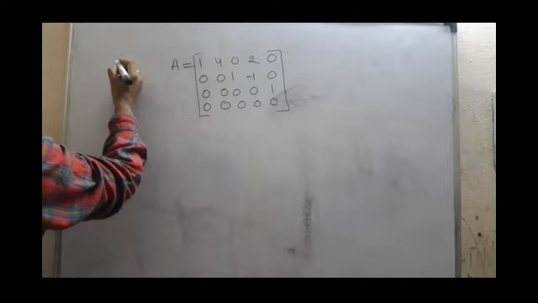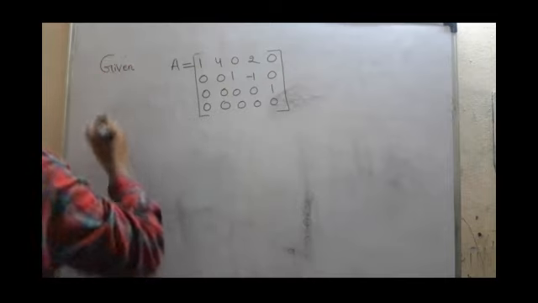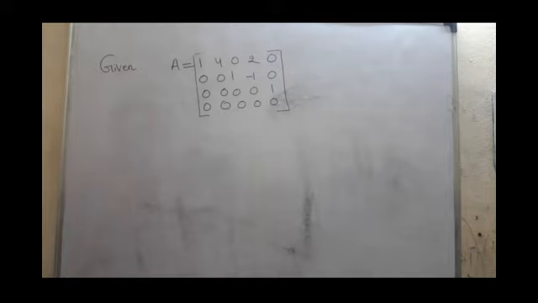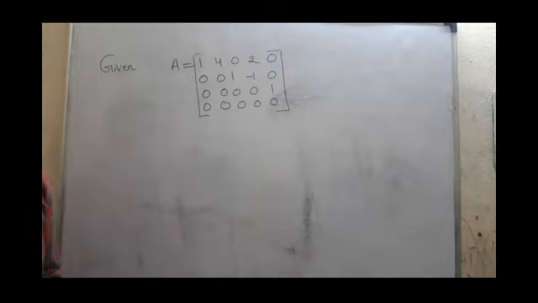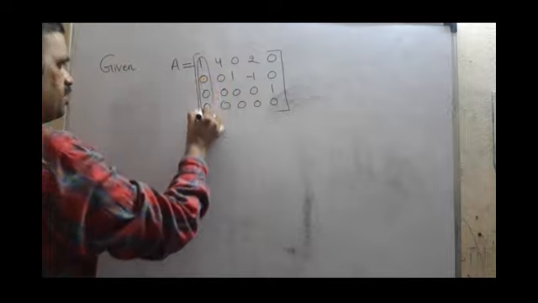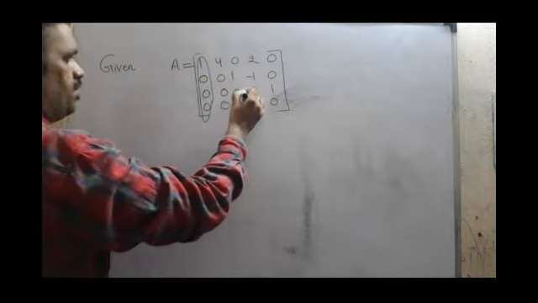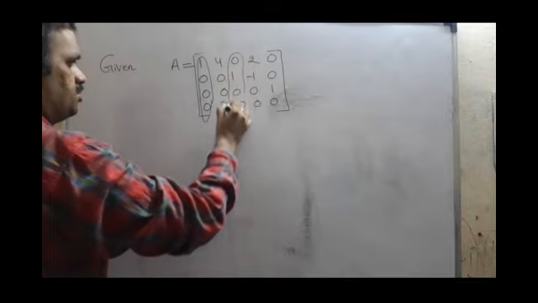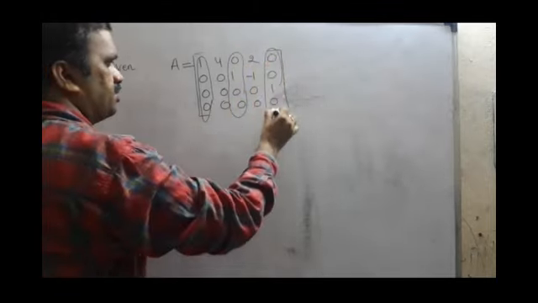Given A equal to, basis for column A nothing but we have to identify pivot columns. If you observe here, 1 0 0 is the pivot column. One more here also, 0 1 0 0, this is also a pivot column. And this is also a pivot column.